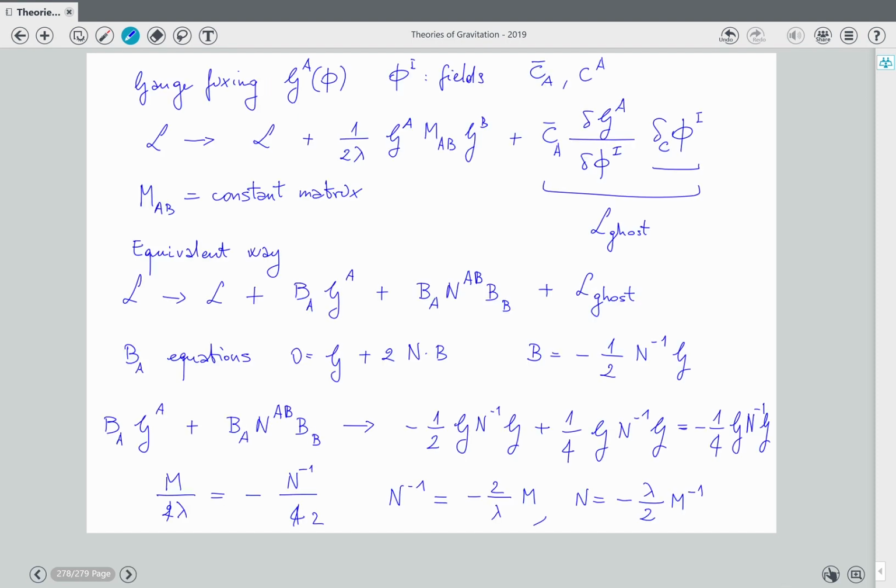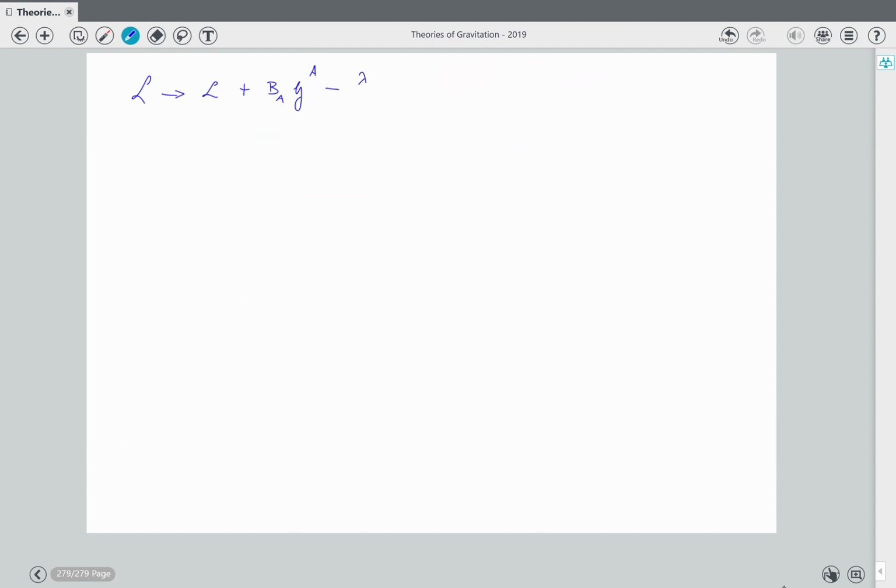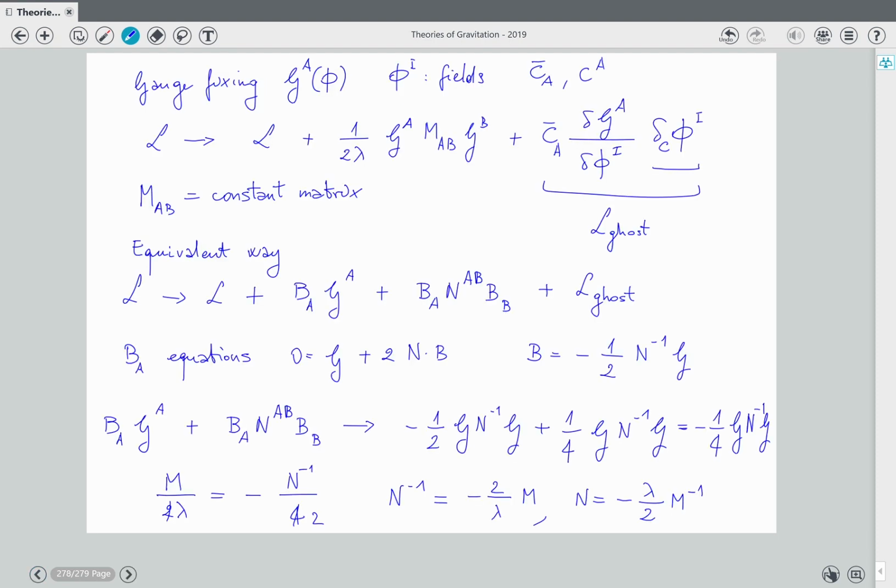Then there is the n minus lambda over 2 BA, that is m minus 1 AB BB, plus the ghosts.